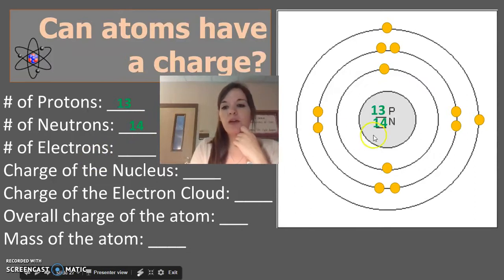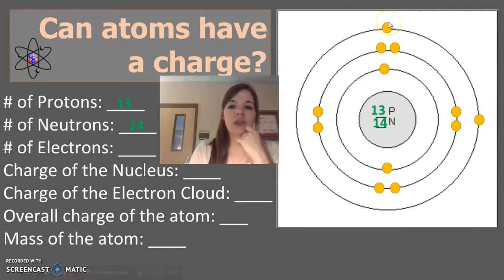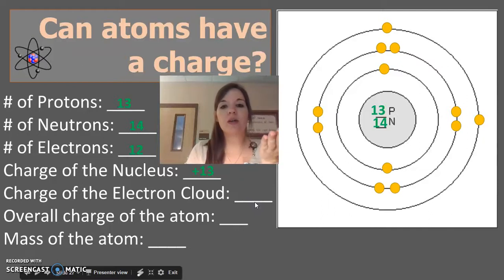Now look at this model of aluminum. I have 2 on the first ring, 8 on the second, but only 2 on the third. That means I have a total of 12. My charge of the nucleus is still the protons. The charge of my electron cloud this time is only negative 12. If I compare positive 13 and negative 12, I have an overall charge of positive 1. And the mass of our atom is 27.